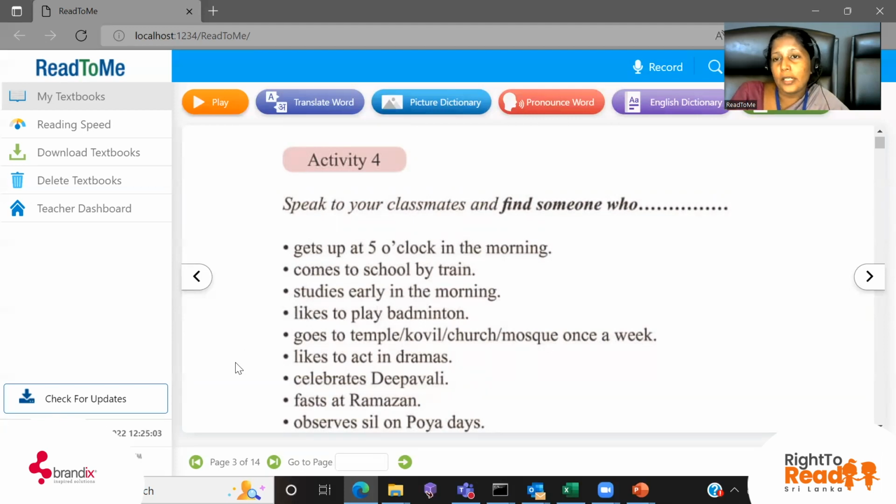When you do not know an English word, you can use your picture dictionary, sometimes the English dictionary, and there are words translated to Sinhala and Tamil as well. Make it a point to tell your friends that this sort of app is available, and make maximum use of it.